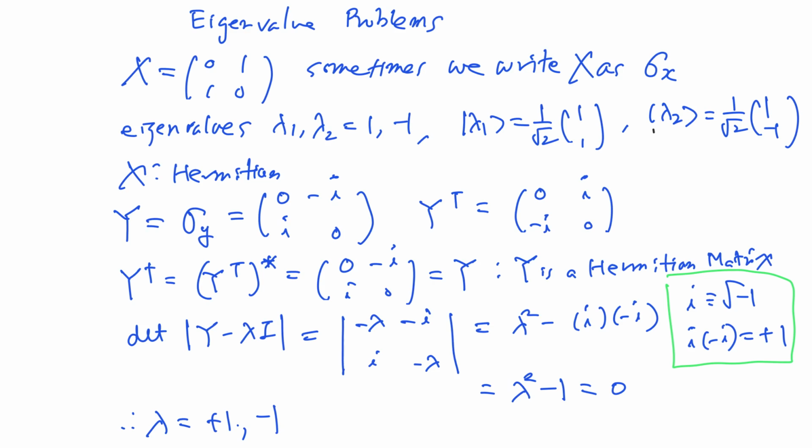To find the eigenvector, we said lambda 1 is plus 1 and lambda 2 is minus 1.